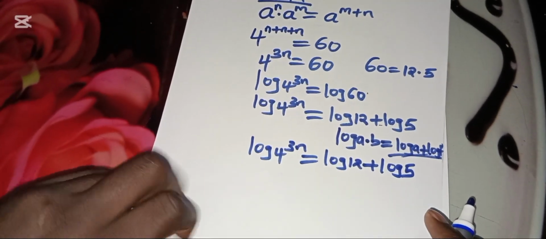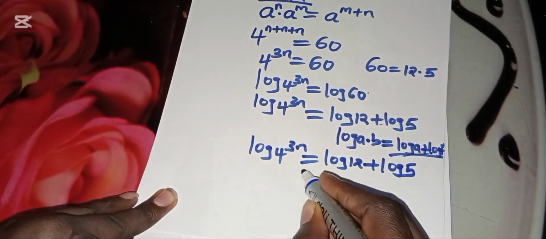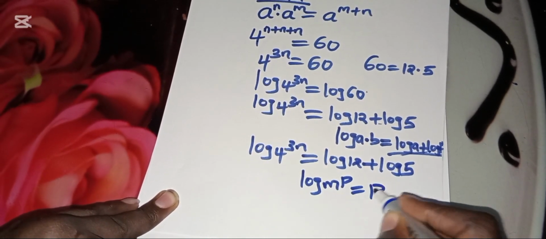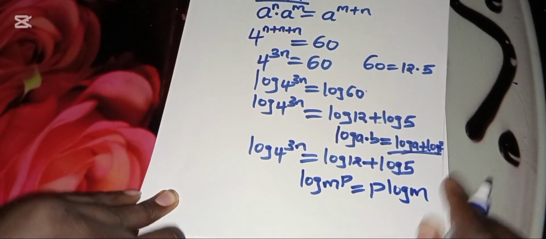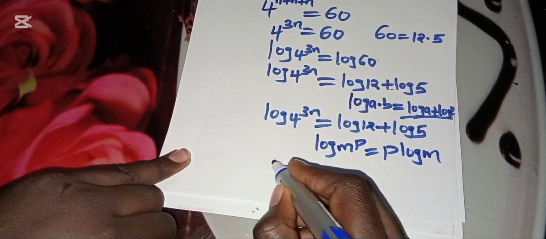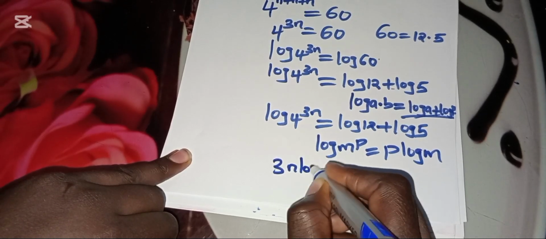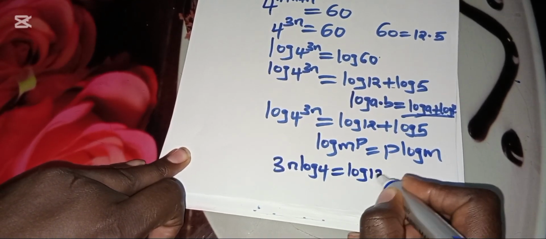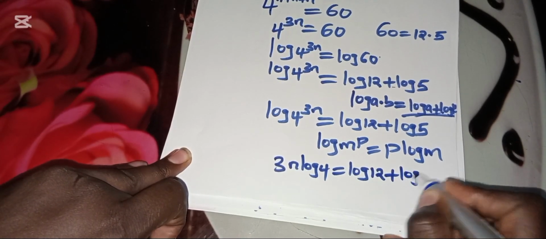Applying the second property that if you have log m raised to power p, this can be expressed as p log m, now we're going to have 3n log 4 equal to log 12 plus log 5.